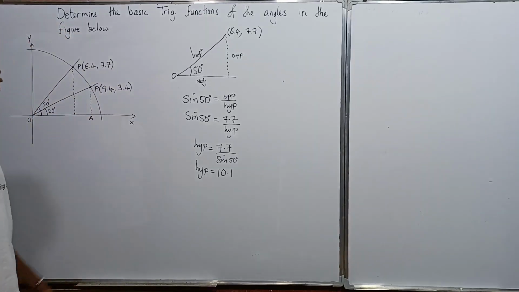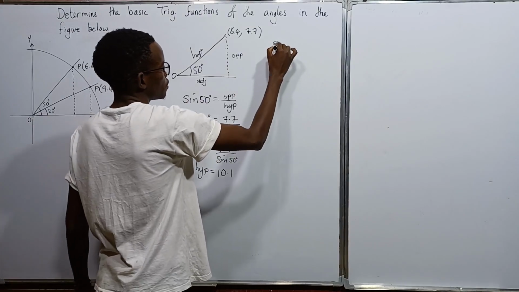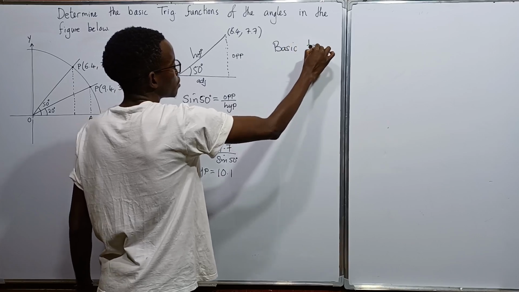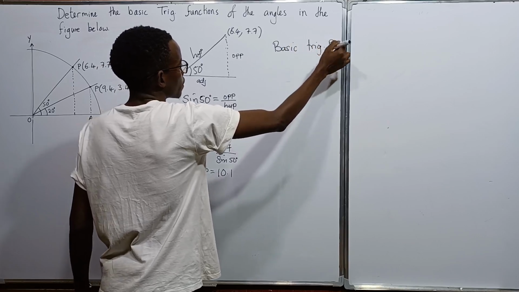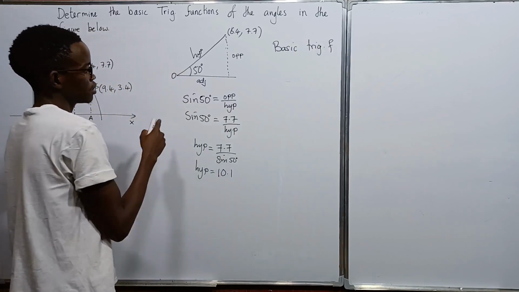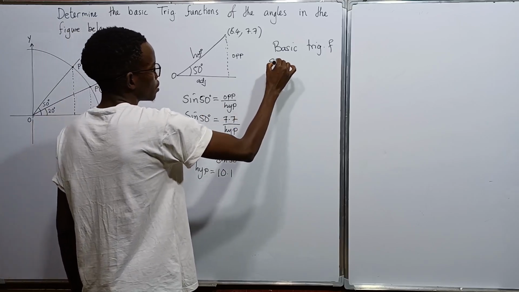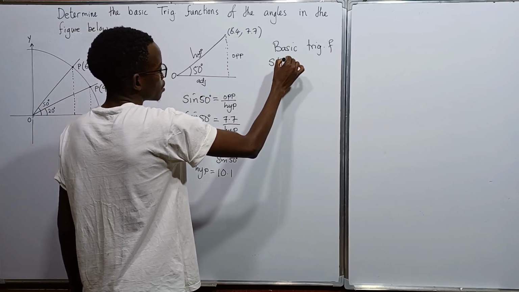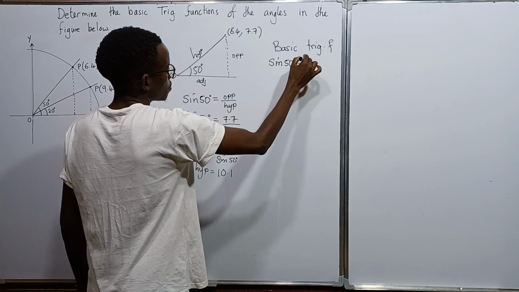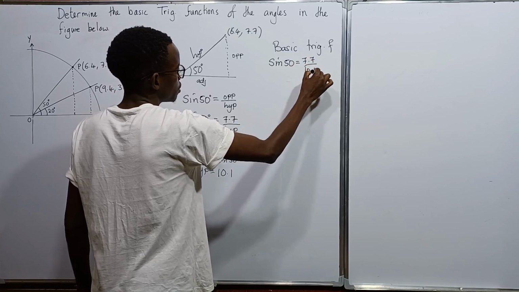Then for this triangle here, the basic trig functions: the first one is sine 50, which will be equal to 7.7 over 10.1.